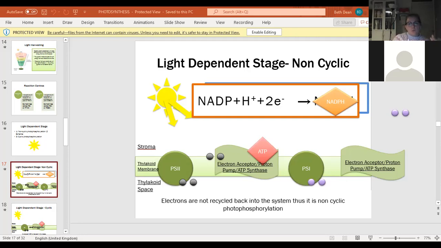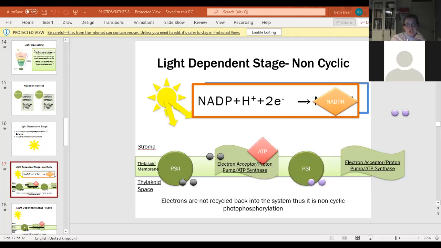The light-dependent reaction produces ATP, by photophosphorylation of ADP and an inorganic phosphate. That ATP is passed on to the light-independent reaction. Light-dependent also forms NADPH, and that is passed on to the light-independent reaction as well.